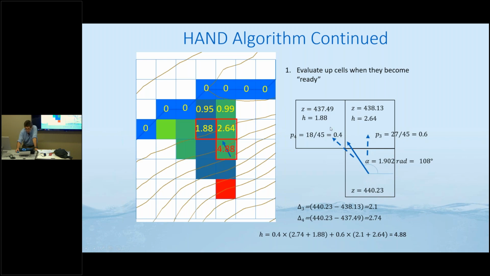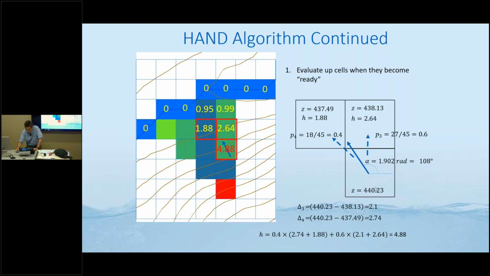The delta in the direction 4 to the northwest is 2.74. And you evaluate this height by the 0.4 times that 2.74 plus the 1.88, that's the height above there, and then this 0.6 times the 2.1 plus this 2.64. So that's how the sort of weighted averaging is working based on the proportions.